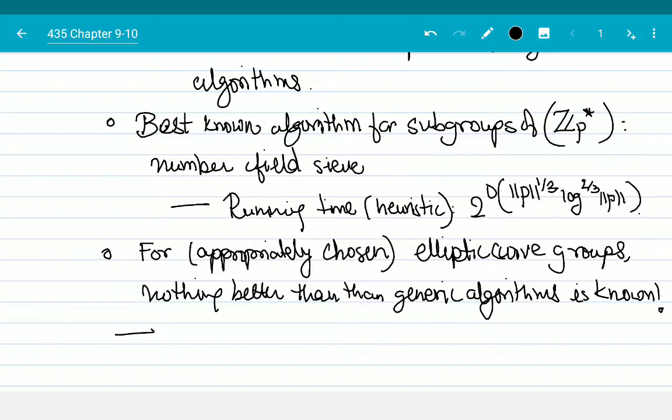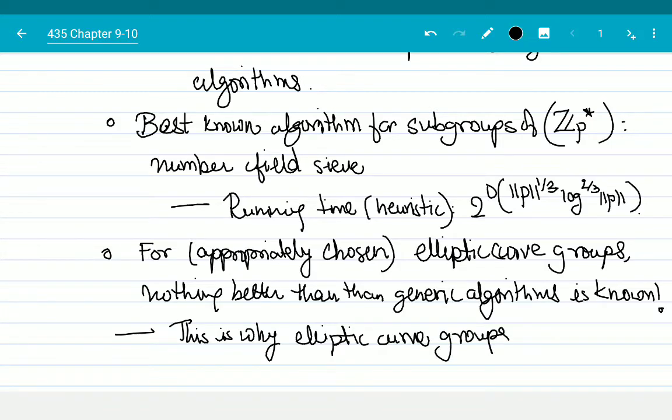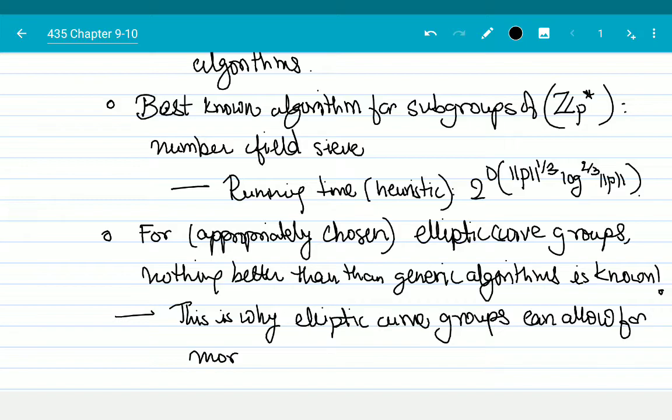Compared to that, for elliptic curves, the best known is around 2 to the n over 2, which is huge. So this is why elliptic curve groups can allow for more efficient cryptography.